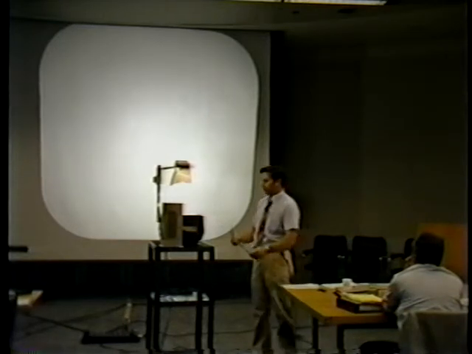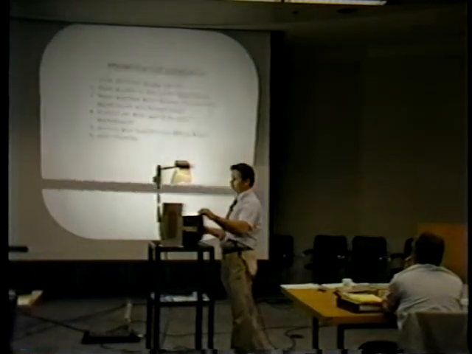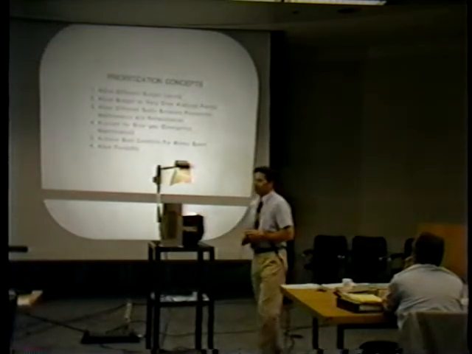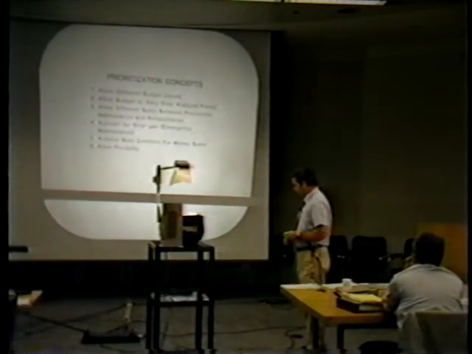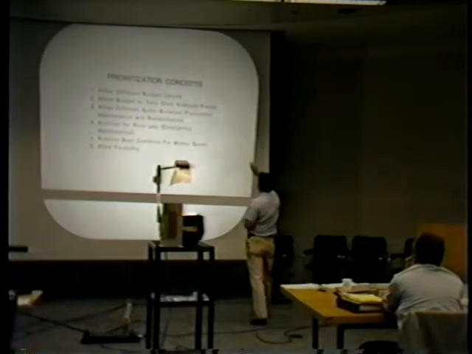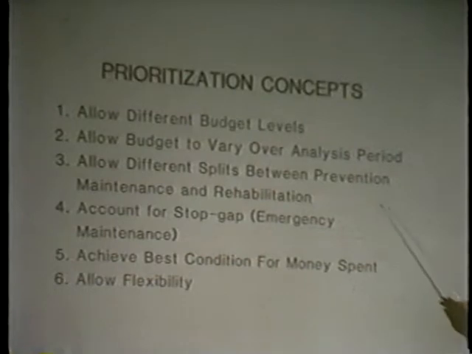Once we've come up with the costs and the fix, the next step is to prioritize. By prioritizing, we developed these concepts that we wanted to look at different budget levels, and we wanted to allow the budget level to vary over the analysis period.